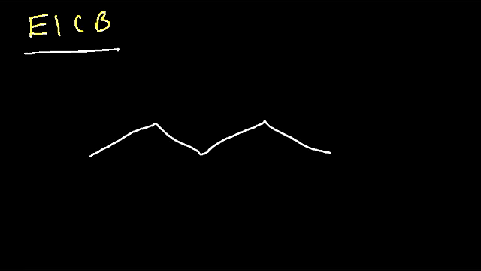The last reaction that we're going to talk about is the E1CB reaction. And it's useful for removing poor leaving groups, particularly hydroxyl groups. It works pretty well if the hydroxyl group is 2 carbons away from a carbonyl group.